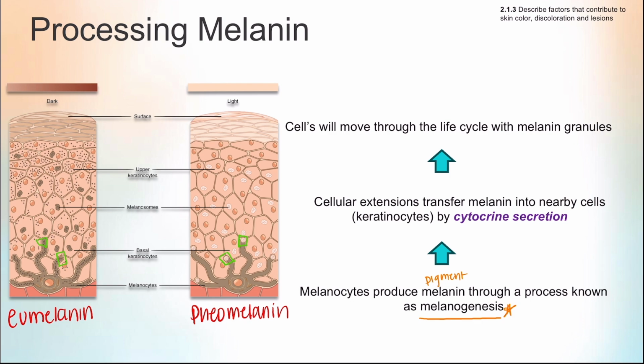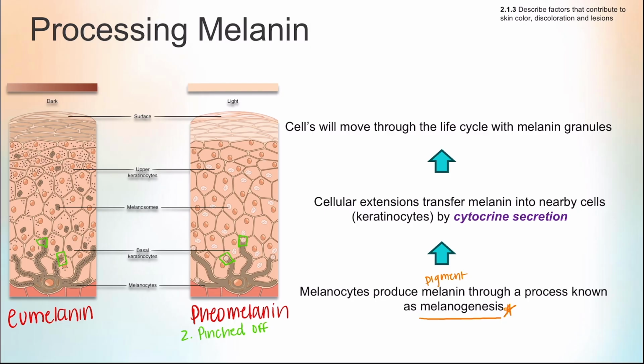So this dendritic tip, or the spider leg, is going to have two separate processes. So in our pheomelanin, the dendritic tip for part 2 is going to be pinched off.